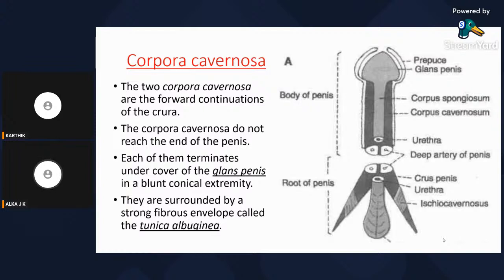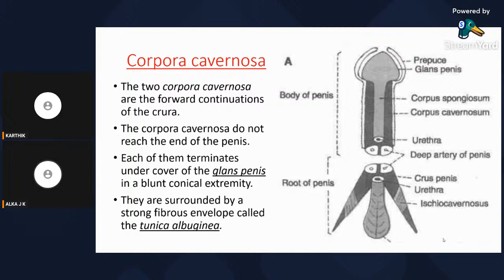They are surrounded by a strong fibrous capsule, known as the tunica albuginea, which has longitudinal fibers and encloses the corpora cavernosa.